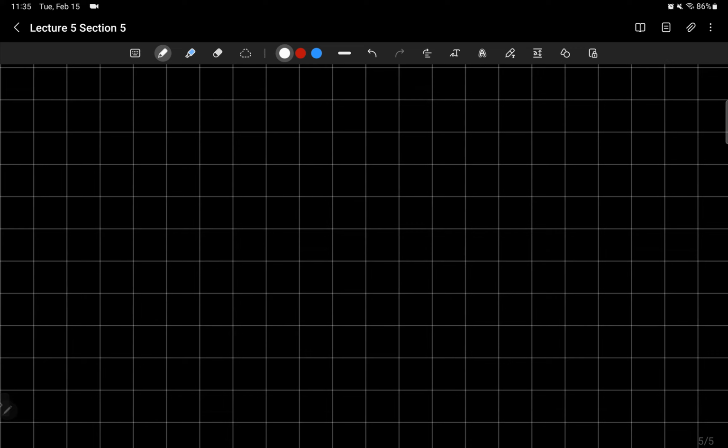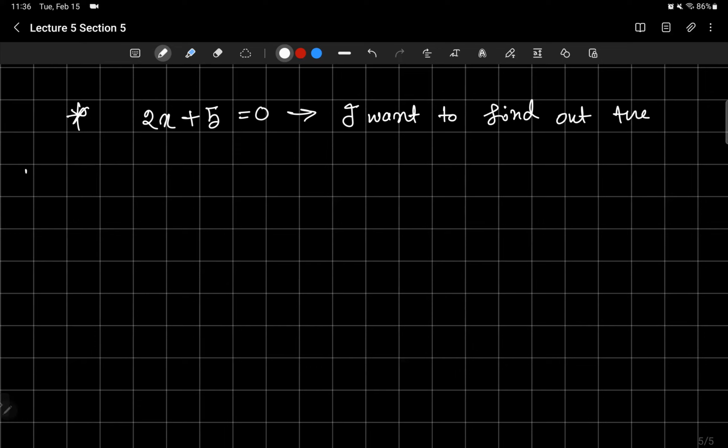So let's talk more about equations. This time, let's say I have an equation like this one equal to 0. I want to find out the possible, okay, let's not take 0, let's take 6. It doesn't have to be 0 always.